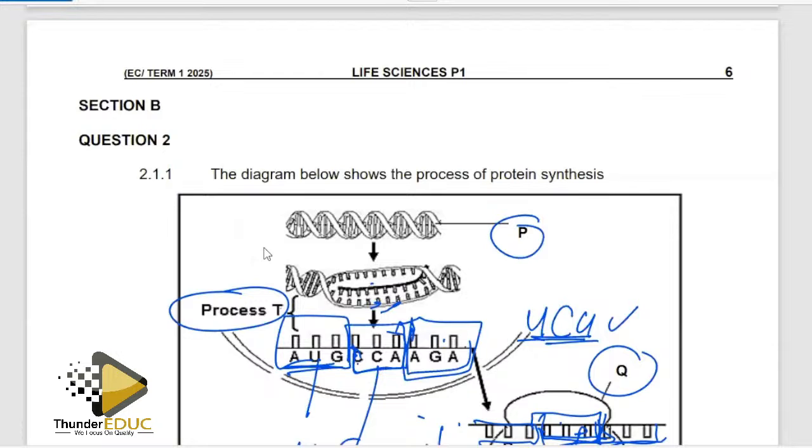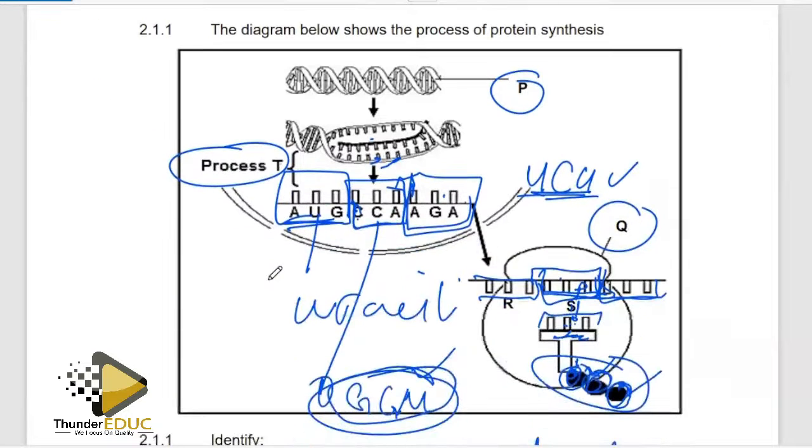A complementary strand of messenger RNA is formed with the coded information. Remember, adenine goes with uracil and guanine goes with cytosine, meaning that a complementary strand with the coded information from DNA is formed, which is a messenger RNA. It moves out of the nucleus via the nuclear pore to the ribosome.